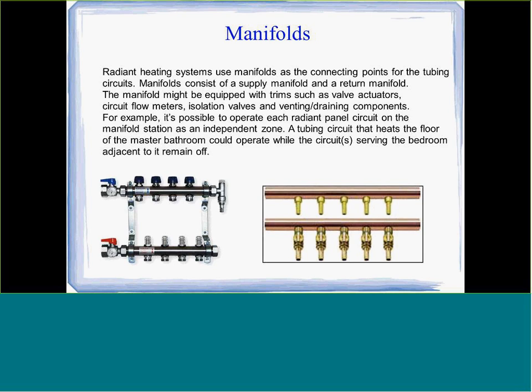So you can get lots of different options and accessories on the manifolds, or you can go as simple as a piece of copper with stub outs on it and go from there.